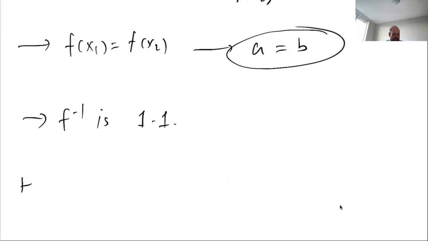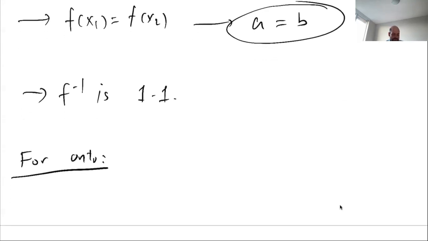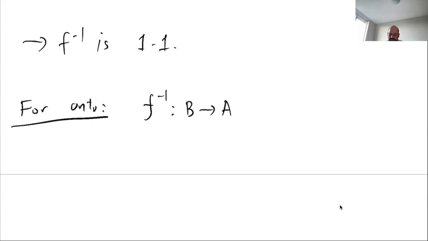For onto, why is F inverse onto? How can I show that a function is onto? F inverse, remember, is from B to A. So I have to take an element in A, because to show that a function is onto, we have to take an element in the codomain of the function and show that it has to be in the range.